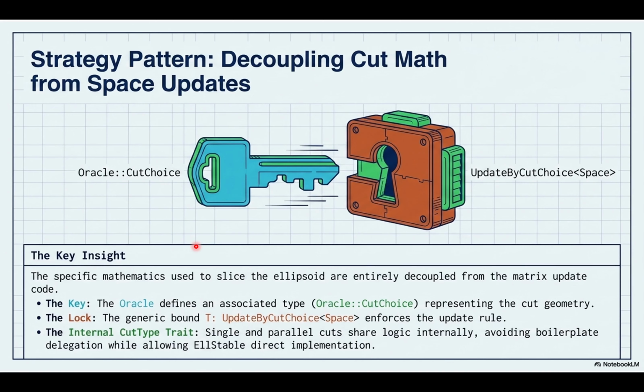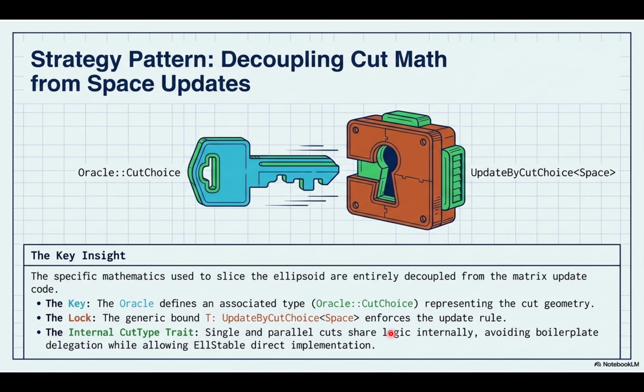By using newtypes. Instead of bare numbers, they created distinct named types: single cut for standard constraints and parallel cut for box constraints. And they tie them together using a generic parameter, which is represented as T. Oh, okay. Think of these newtypes like physical Lego blocks. If you have a Lego block with 4 pegs, it is physically impossible to snap it into a slot with 3 holes.